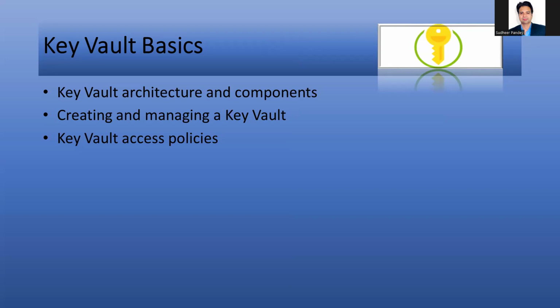Once that is done, how are you going to manage the keys? There's a section: add keys via the keys section in your key vault, then choose the key type like RSA or EC and the size. And that's how you can specify the activation and expiration dates. These are all the basic things we normally do.